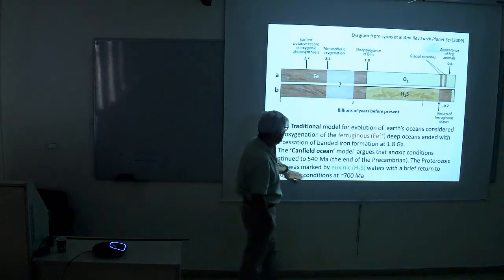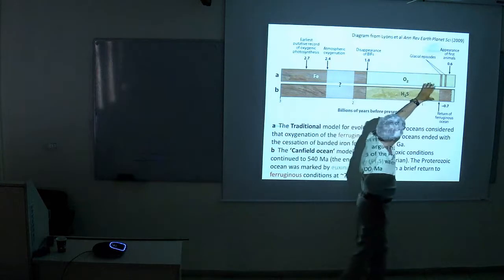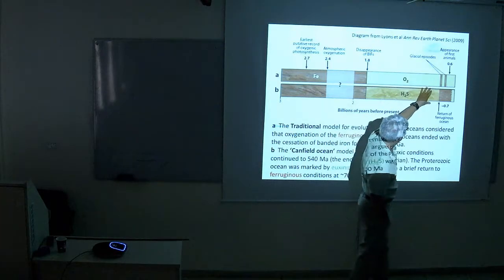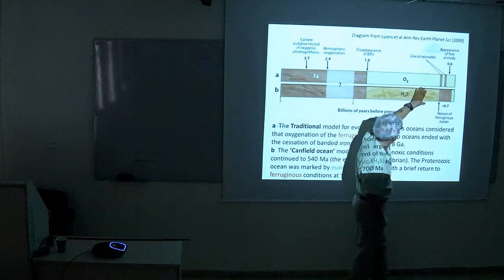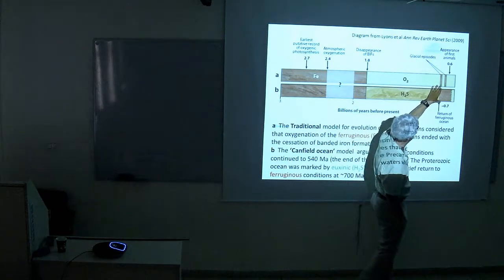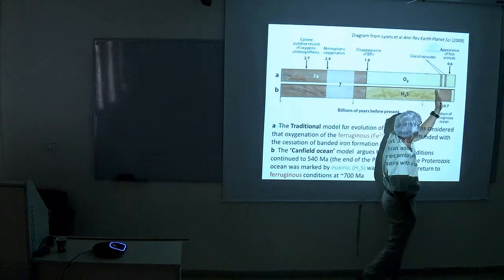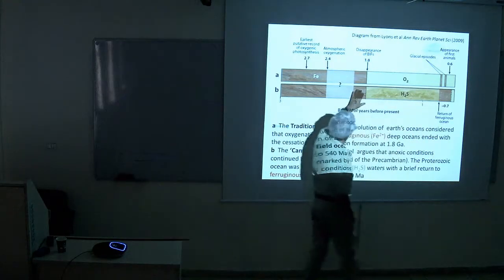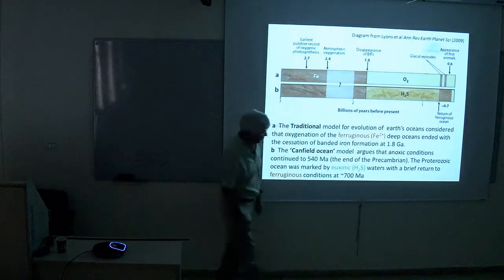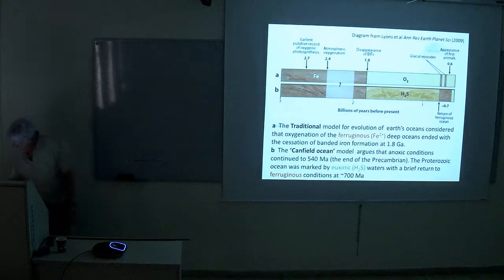They were dominated by the presence of hydrogen sulfide. Apart from this very wonderful episode at the end of the Precambrian, what's called the Neoproterozoic, from about 700 million years ago, when suddenly they identify a period of ferruginous ocean. And I'm going to focus on that as part of my talk.